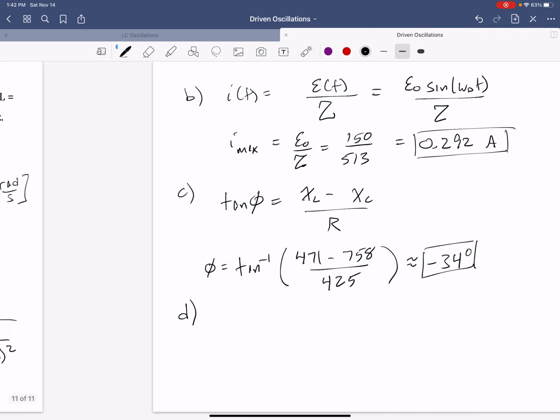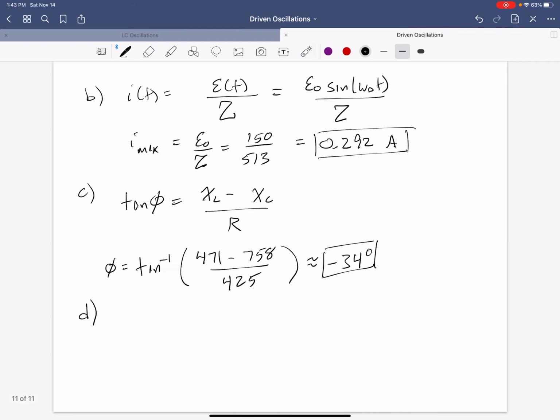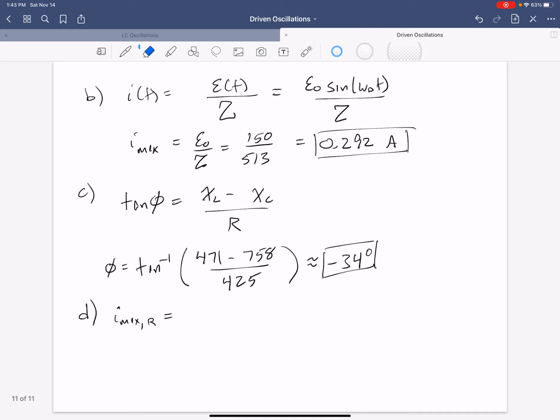So the next part, part D, we want to find the maximum voltage across each component R, L, and C. Let's do V max for the resistor.